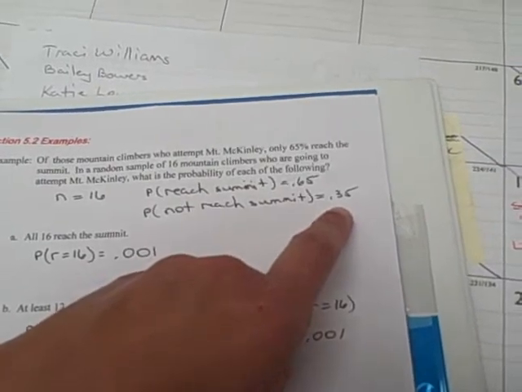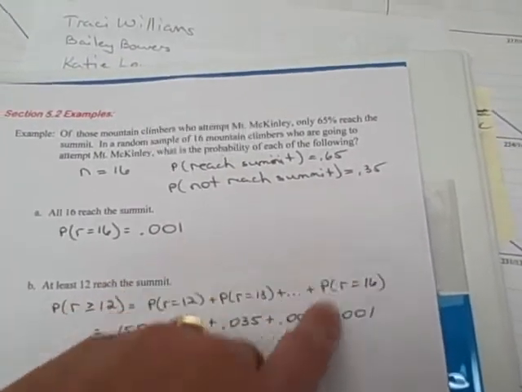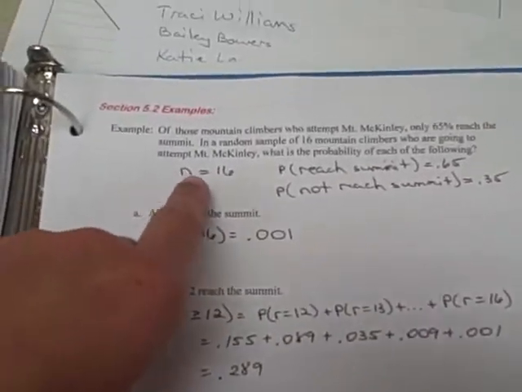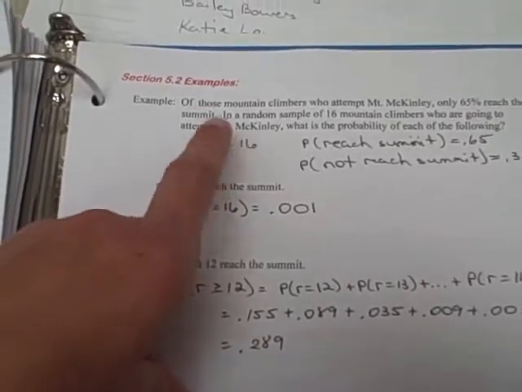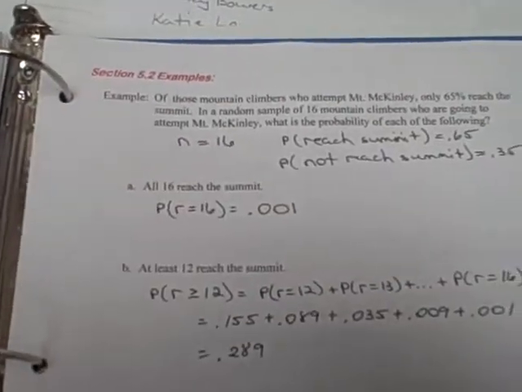Now, we're going to be finding some probabilities, so on our binomial probability distribution table, we want to go to where n equals 16. I'm going to go to page A14. On page A14, you see the n up here and 16.